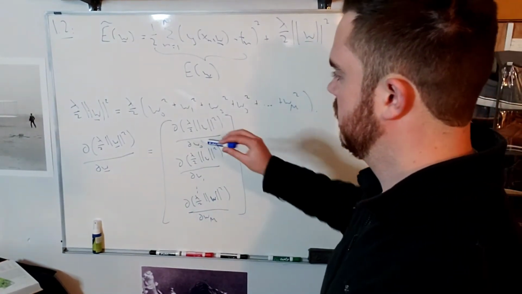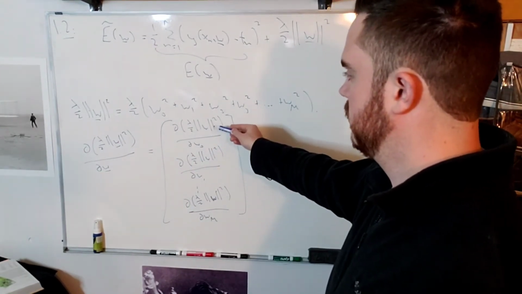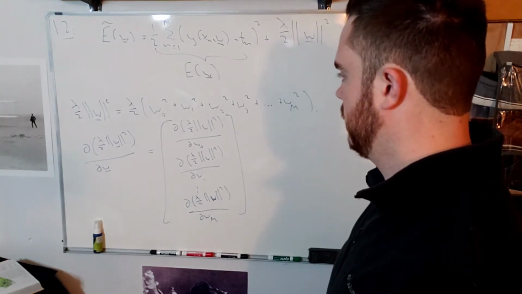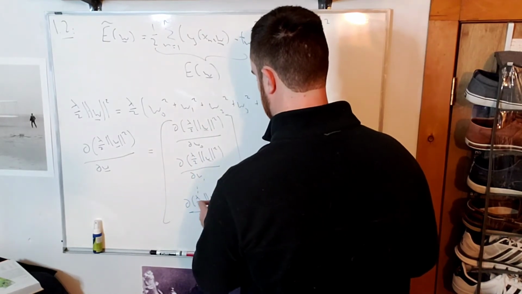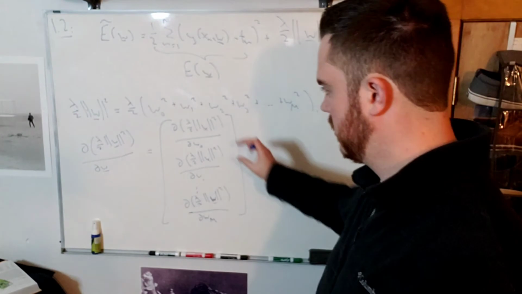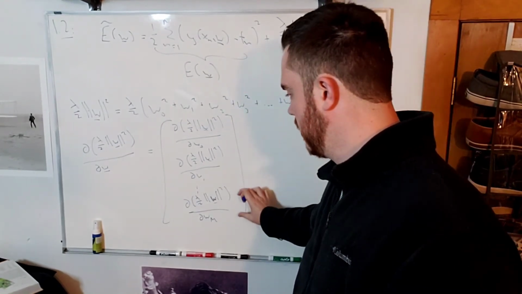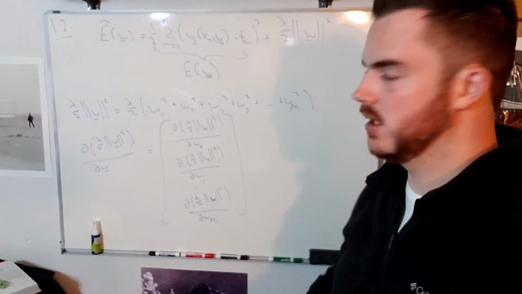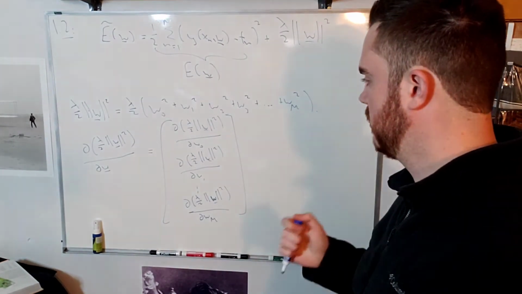So you're taking the partial derivative of lambda over 2 times the norm of w squared with respect to W0, that's the first element. Taking the partial with respect to W1, second element. Taking the partial with respect to Wm is the last element. So it's a vector with n plus 1 elements.